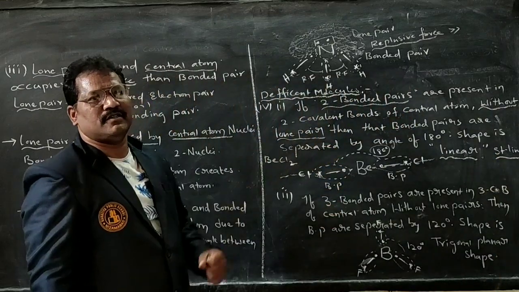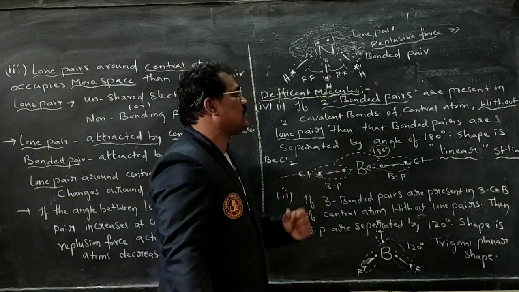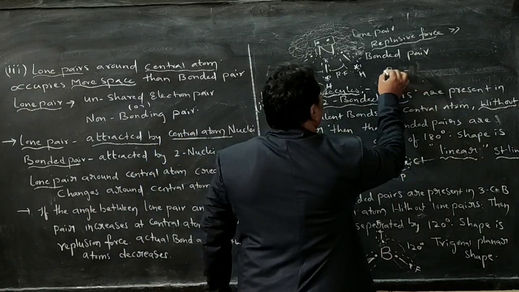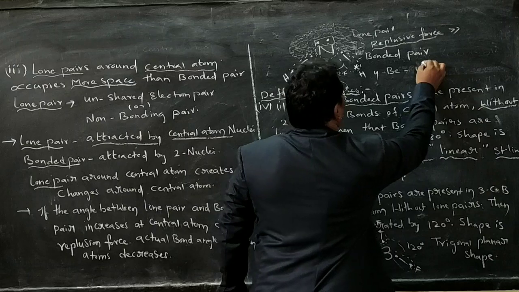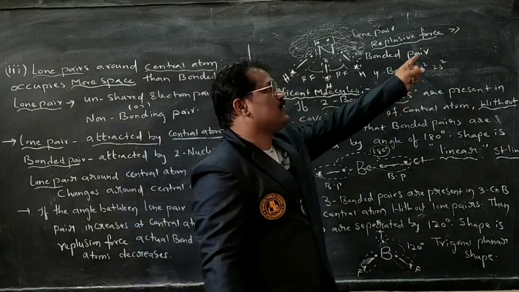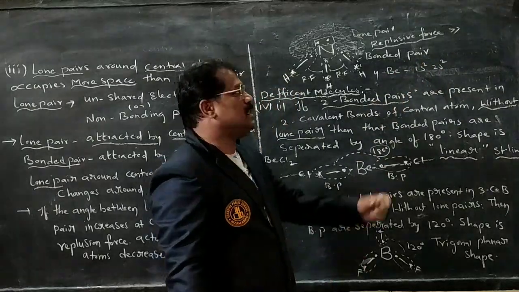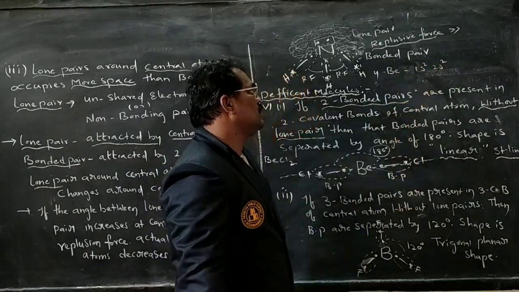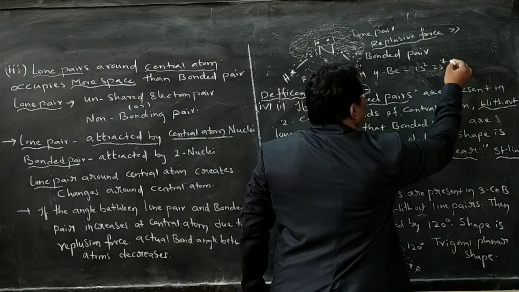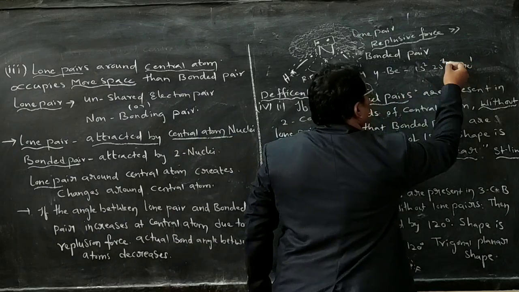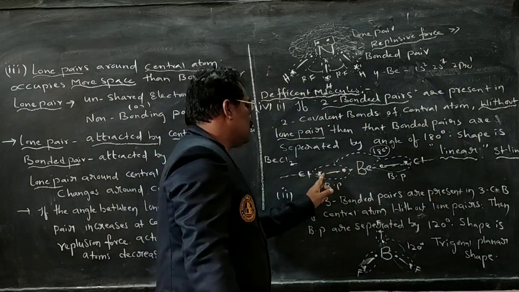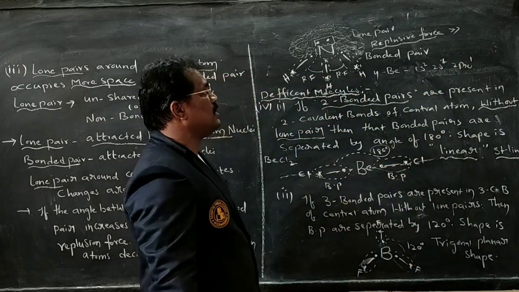That is the first point. Coming to the beryllium electronic configuration, we know the atomic number is 4: 1s2, 2s2. Here one electron will be shared and here one electron. 1, 2, 3, 4 electrons are existing.